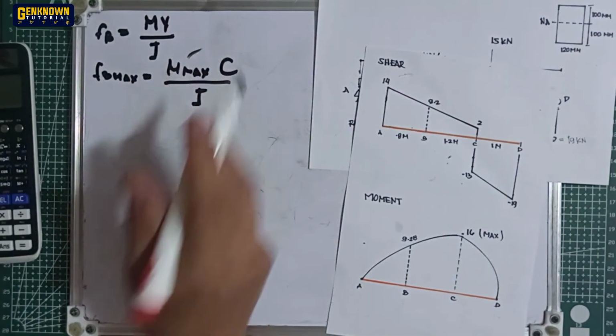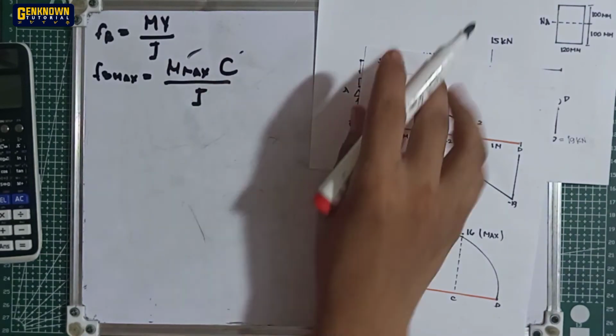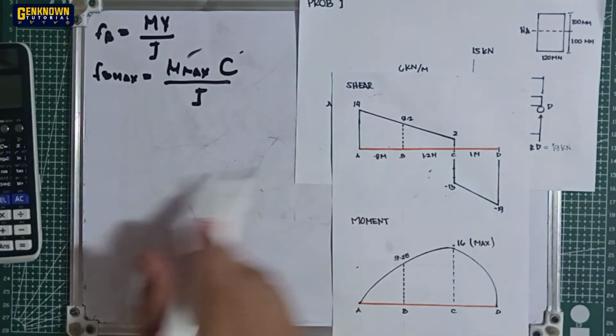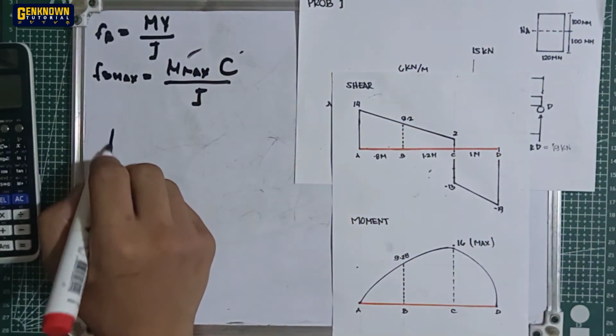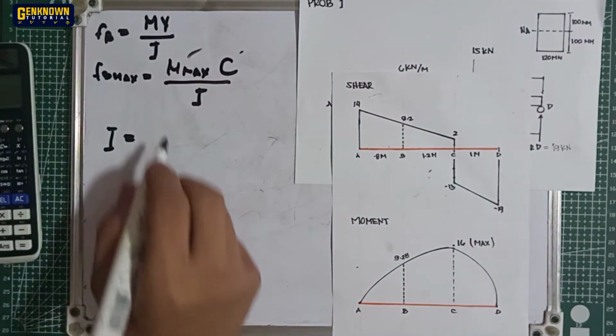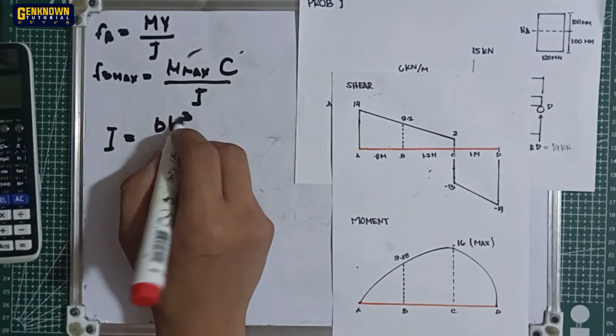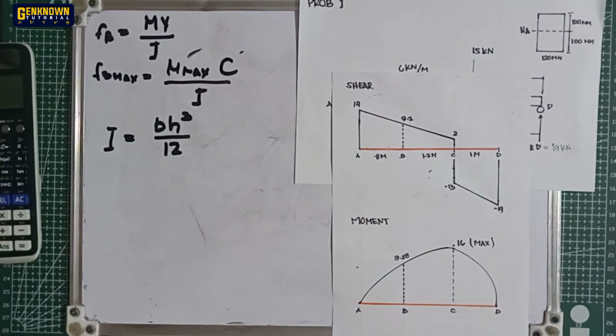Okay, meron na tayong maximum M. Meron tayong C, which is 100. At yung moment of inertia naman, we have moment of inertia ng rectangular is equal to base multiplied by height cube all over by 12. To compute the moment of inertia of the given cross-sectional area, gagamitin natin itong formula na ito.